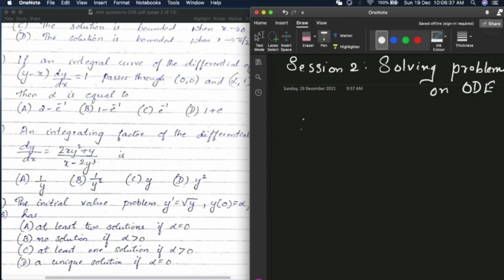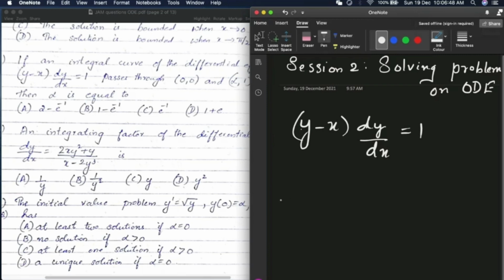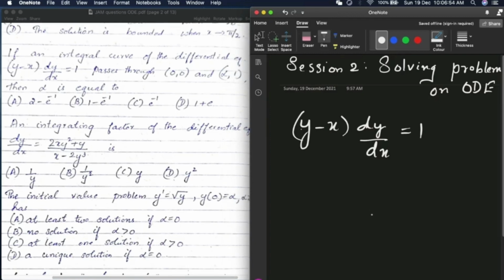So the differential equation given is y minus x into dy by dx is equal to 1. The condition given here is that the solution passes through (0, 0) and (alpha, 1). We have to find that unknown alpha. This is an MCQ. So let us start.